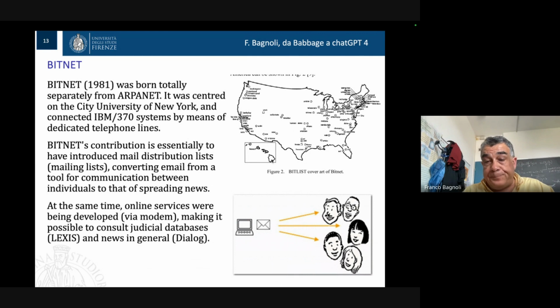Clearly, when the network was present, they also started to develop systems. Most of the systems used by common people were served by modems, for instance, databases of laws, news, and so on.